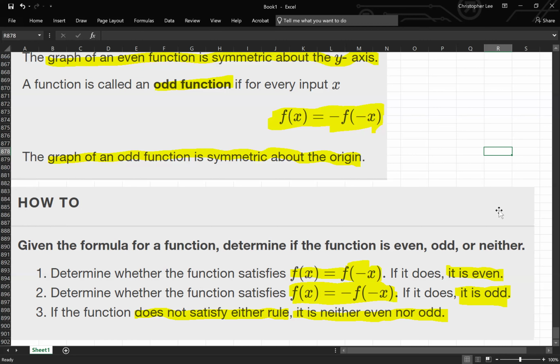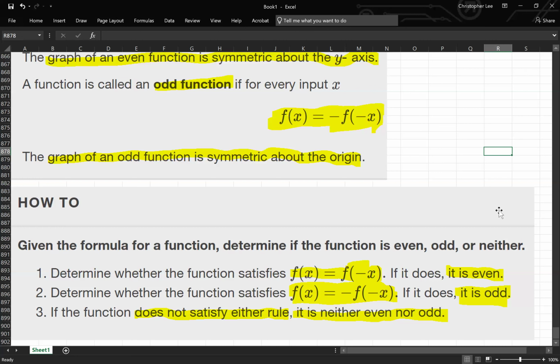When I plug in negative x, if I get back the original function, that's an even function. Then determine whether the function satisfies f of x equals negative f of negative x. If it does, it's odd. So if I plug in negative x and then multiply the whole equation by negative 1, and I get back the original, that's an odd function.